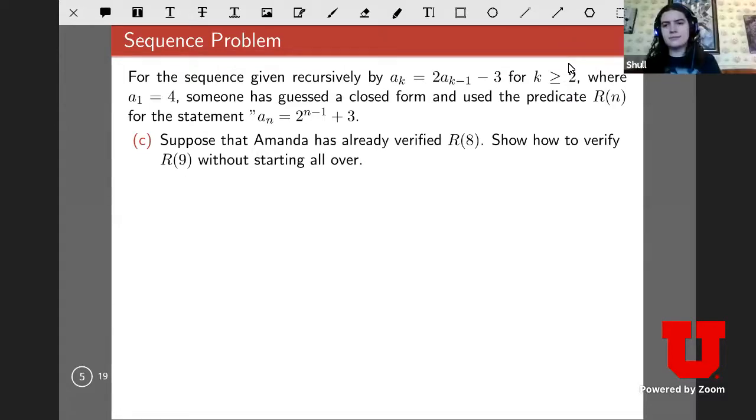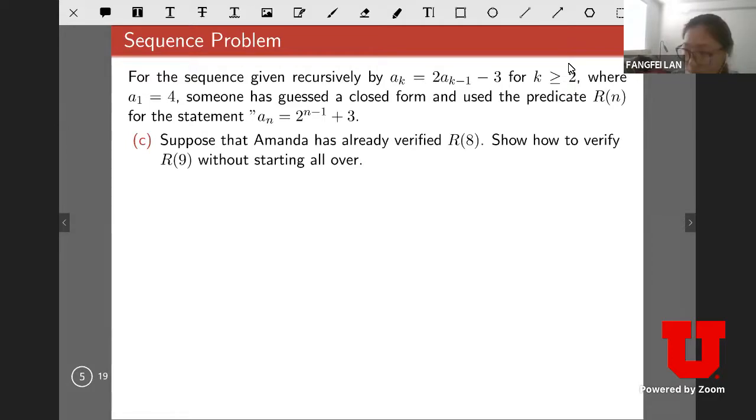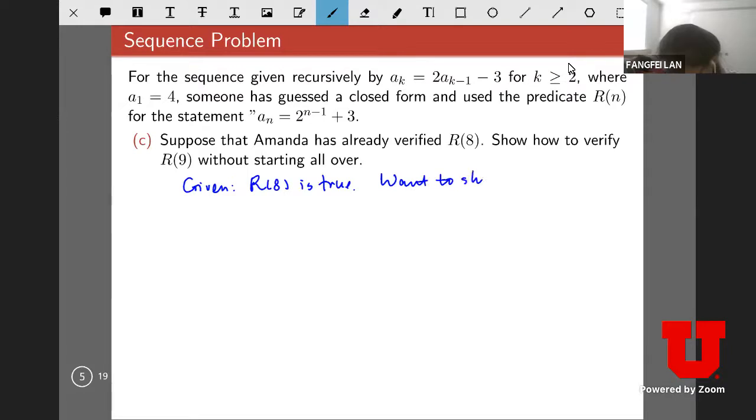So given R8 is true, we want to show R9 is true.